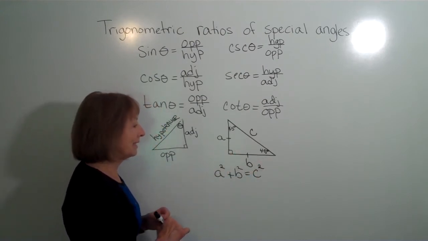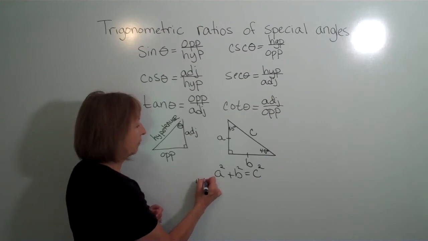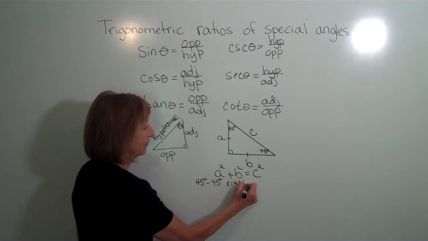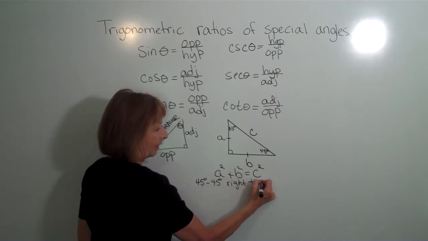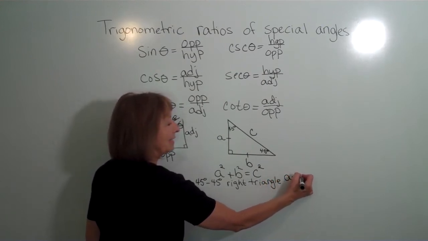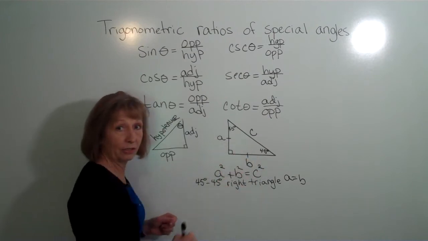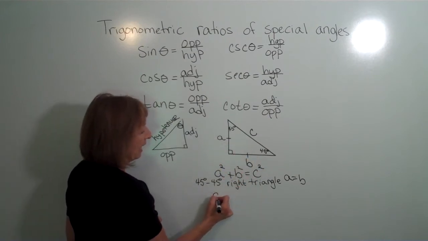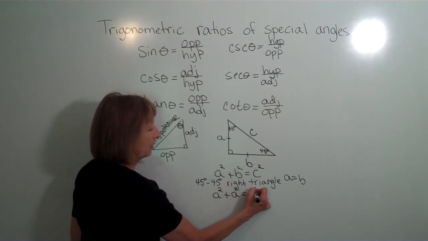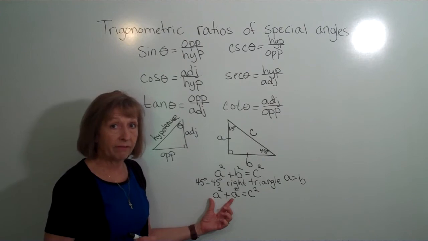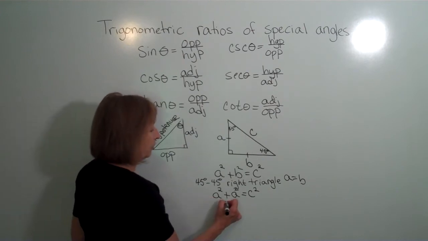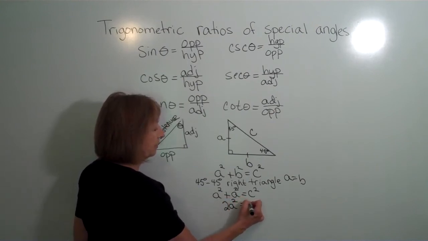But since it is a 45 degree right triangle, I also know that A is the same as B. The sides are congruent. So that gives me A squared plus A squared is equal to C squared in a 45 right triangle. And I have like terms, so I can combine them. That gives me 2A squared is equal to C squared.